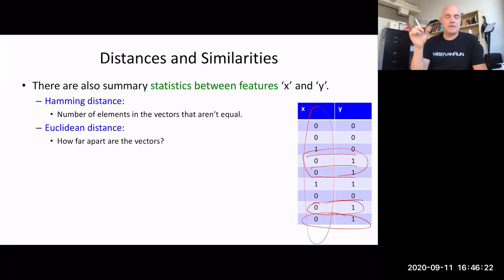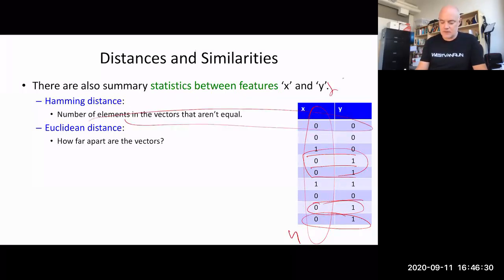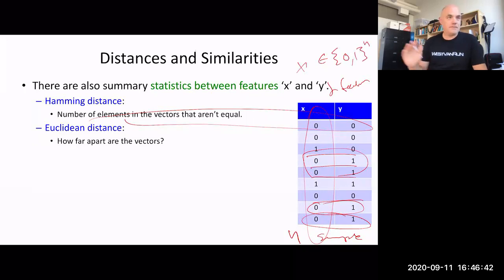If we have d features and n samples, then X is an n-dimensional vector rather than a d-dimensional vector, and it lives in, here we'll say, 0, 1 to the n. That would be the feature space for this particular feature.